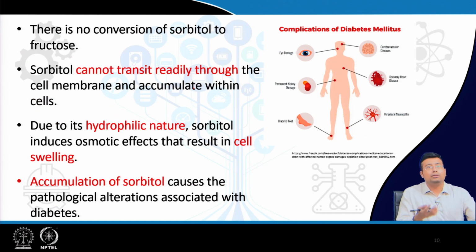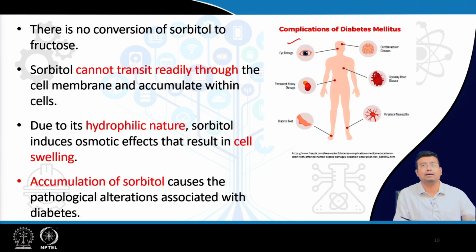Excess amount of sorbitol will be deposited, and just like the mechanism by which cataract was being produced in galactosemia, this sorbitol is hydrophilic in nature, it will imbibe water molecules and all the cells of those organs will swell up. So, be it nerve, kidney, eye, or retina, everything will have the same problem of osmotic swelling, and that will lead to a hell of a lot of complications.